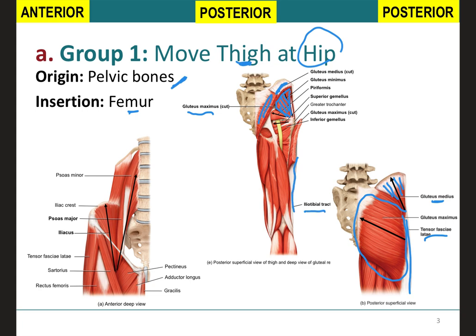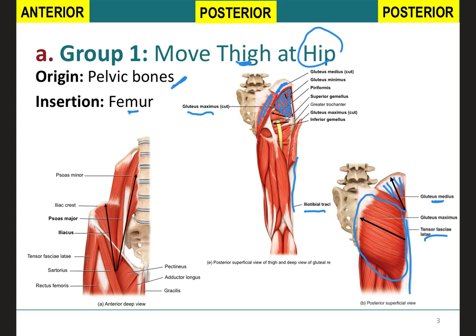It will do a lot of the things that the gluteus medius and the gluteus minimus do. So it will do abduction and medial rotation at the hip. And as it continues as the iliotibial tract laterally, it will insert on the tibia, and therefore it will support the knee laterally and also help a little bit with extension of the knee.